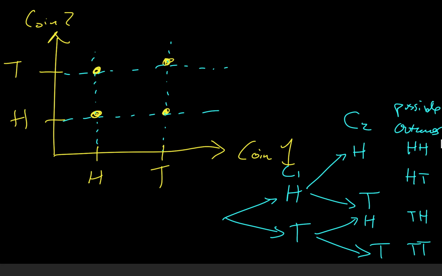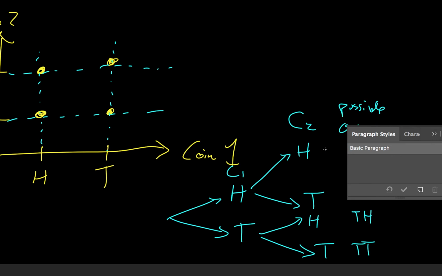Okay, moving on to example 5. Example 5 says, use a tree diagram to illustrate the possible outcomes when this spinner is spun 3 times. So we just have a spinner, looks like that.